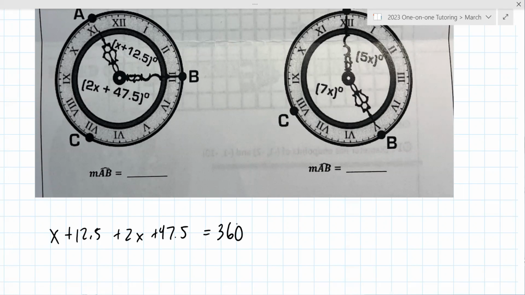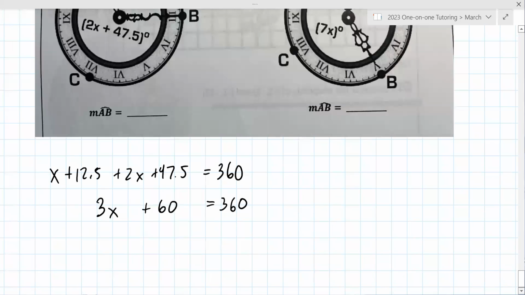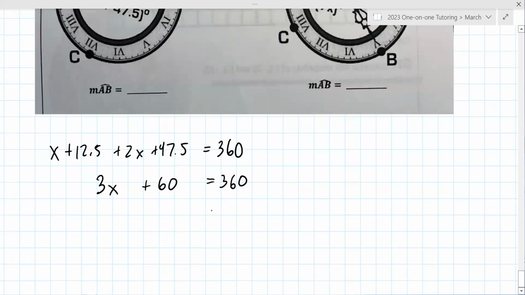I got 150 for x. 150, you said? So it should be 3x plus 60 equals 360. Subtract 60 from both sides, 3x is 300. x equals 100 is what I'm seeing.